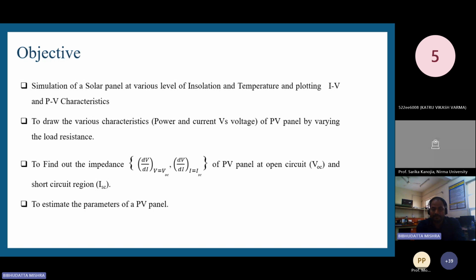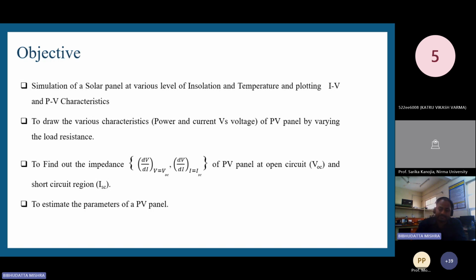And the third one, to find out the impedances, that is dV by dI at V equal to open circuit conditions, and dV by dI, the impedance value, two impedance values we need to determine at open circuit condition as well as the short circuit conditions. I will discuss in detail in later slides. And the last one, to estimate the parameters of the PV panel from the PV characteristics.